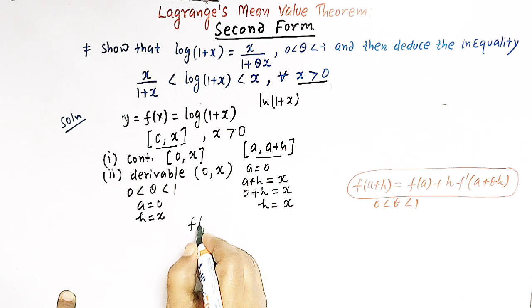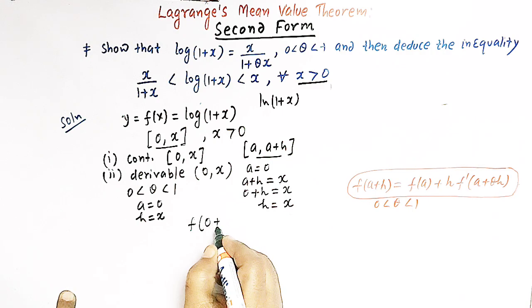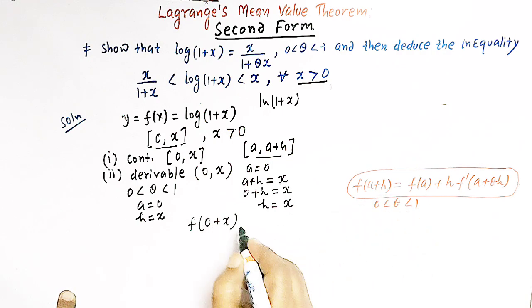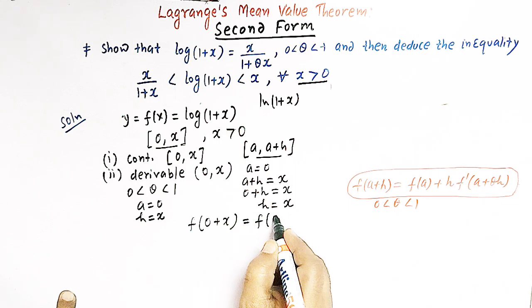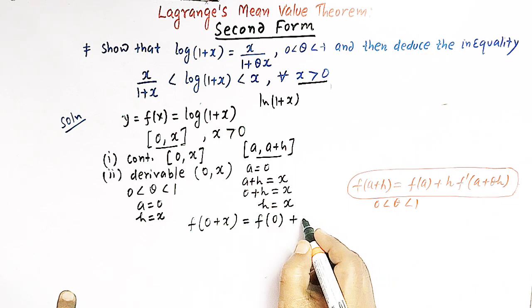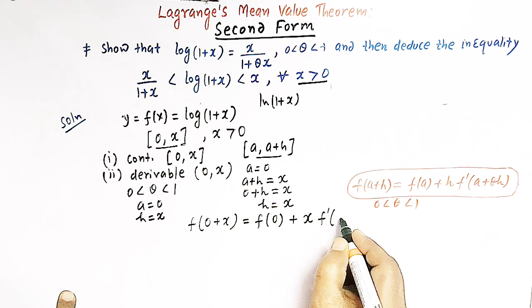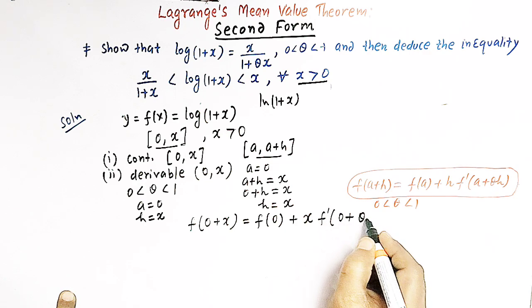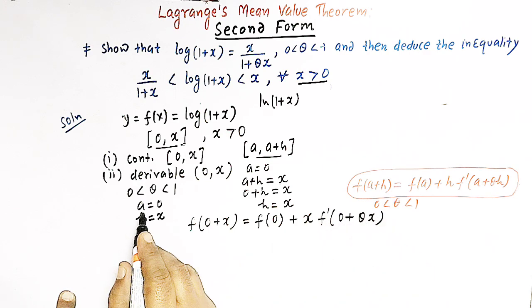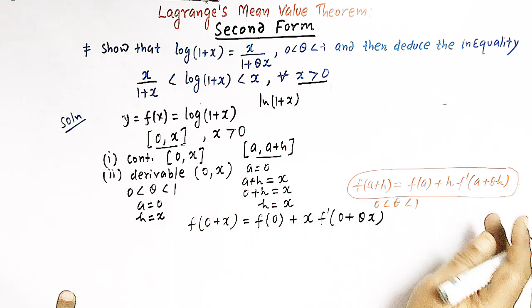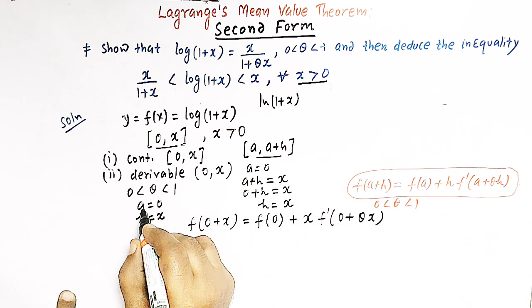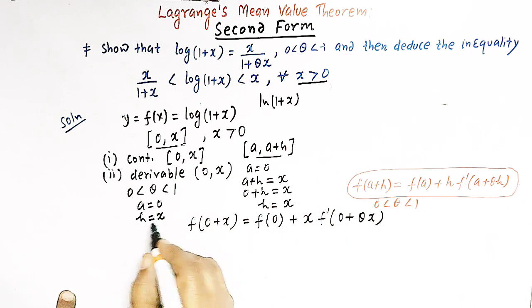So we have f of 0 plus x, and then we have f of 0, and then we have x for h, and f prime of 0 plus theta x. So what we have done, in this equation we have replaced a by 0 and h by x.